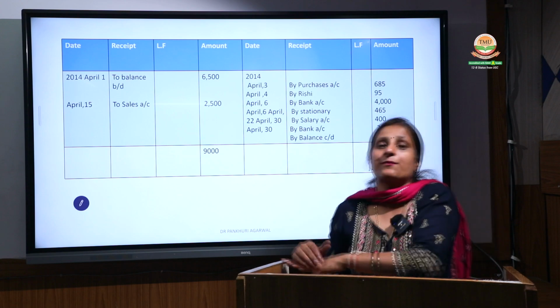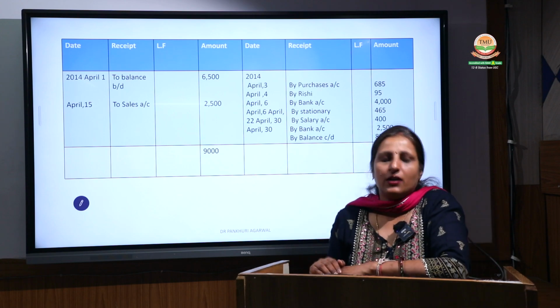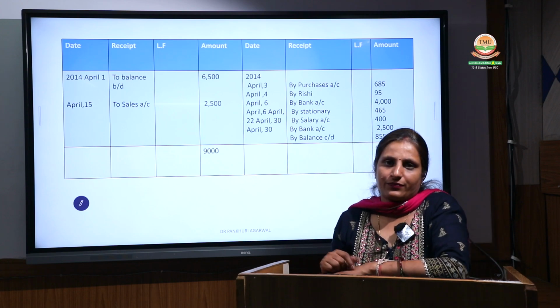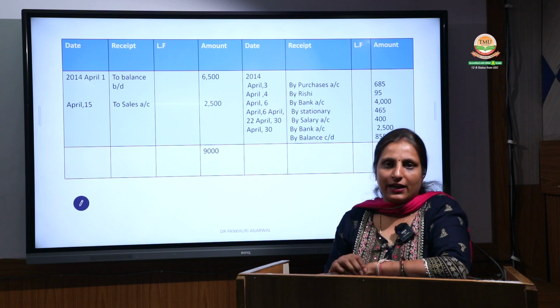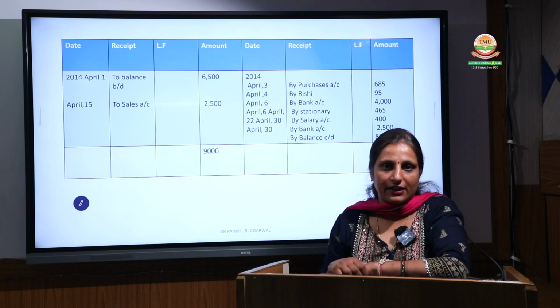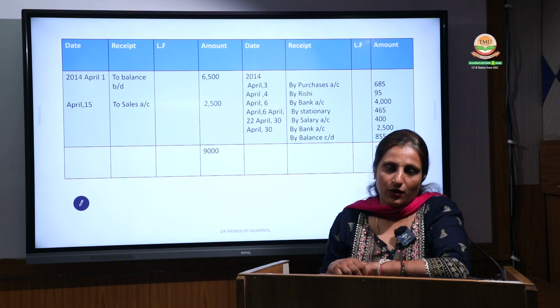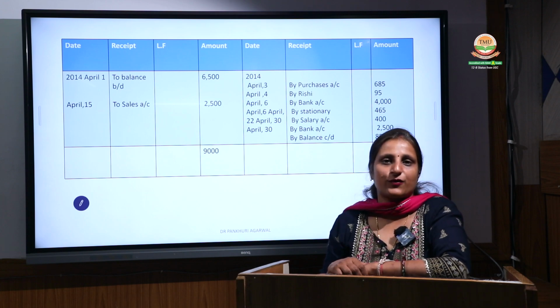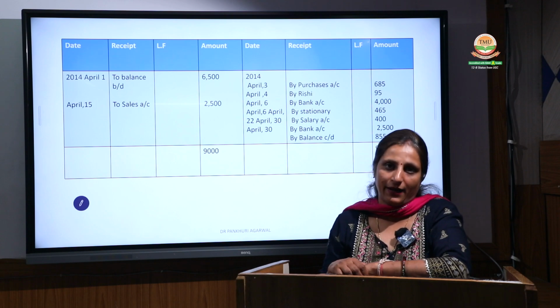How are the entries posted in the cash account? It is a rule of the ledger. On the debit side, we start the entries from to, and on the credit side, we start the entries from by.